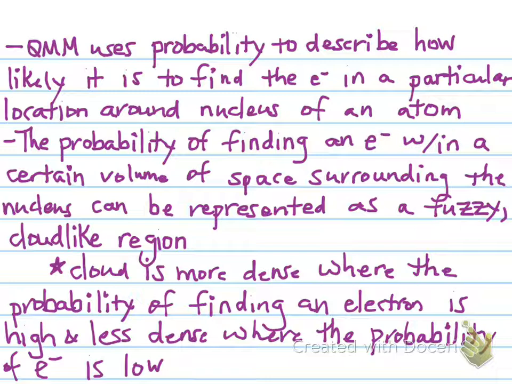And just like when you're driving through fog, there's not really specifically a border where the fog starts or ends. It just kind of thins out. And then suddenly you realize, wow, I'm not in the fog anymore, okay, when you're driving. This fuzzy cloud-like region has no boundary.